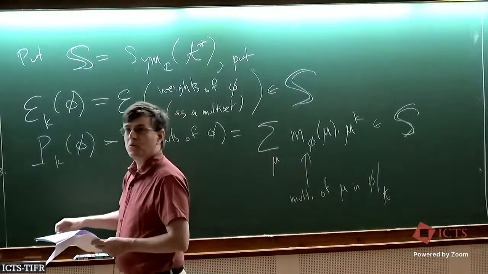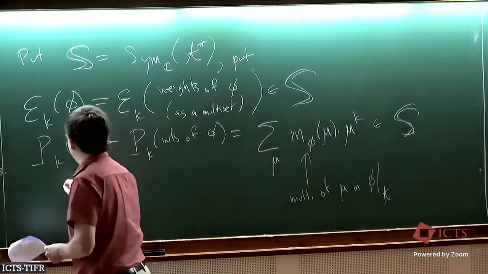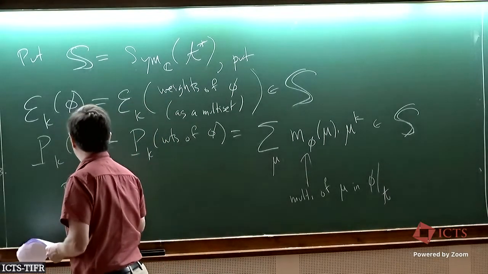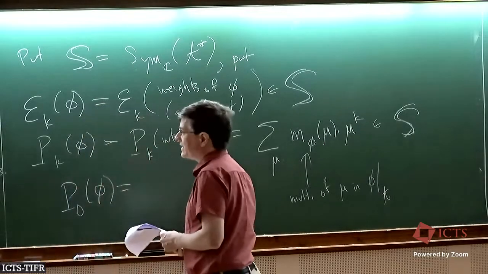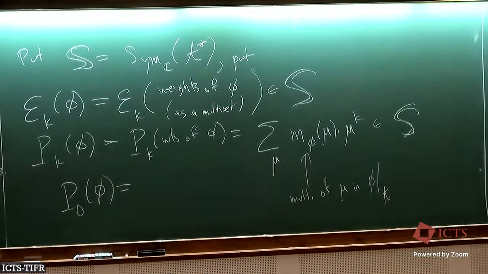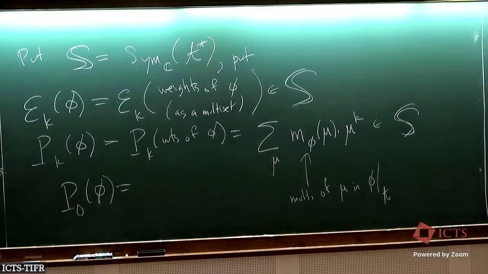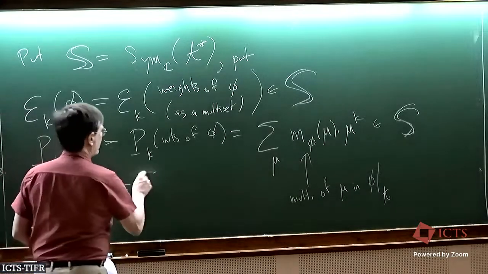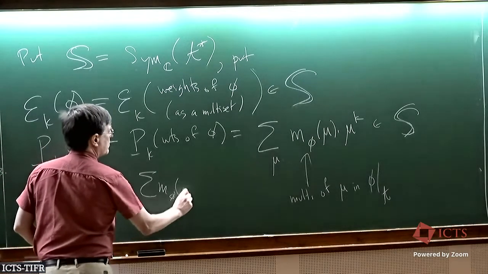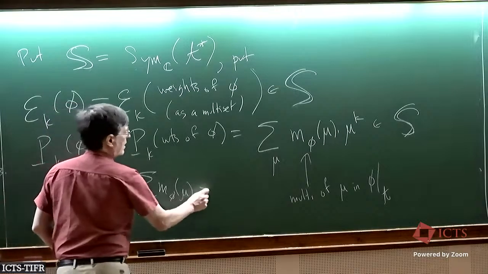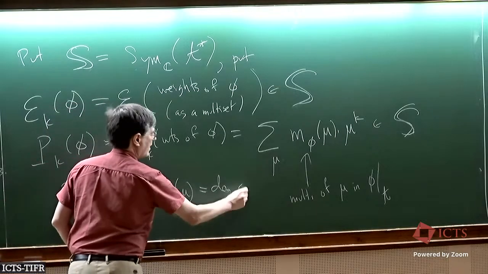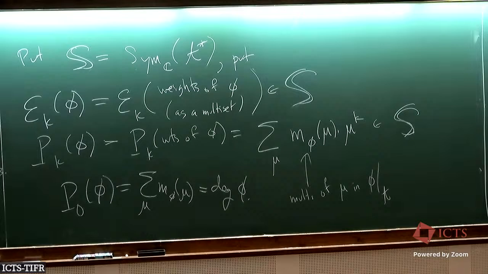Let me quickly write, it's a convention, but it should make sense if you take the power sum from this formula. For the zero power sum, it's just the sum of the m_phi(mu)'s, and of course that's the degree of phi.